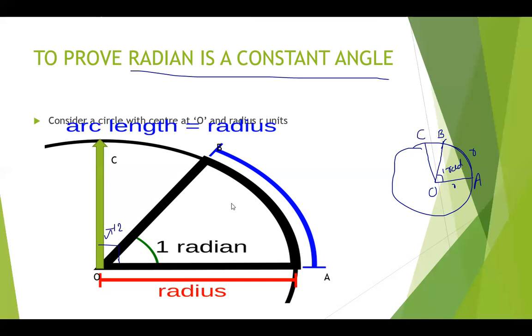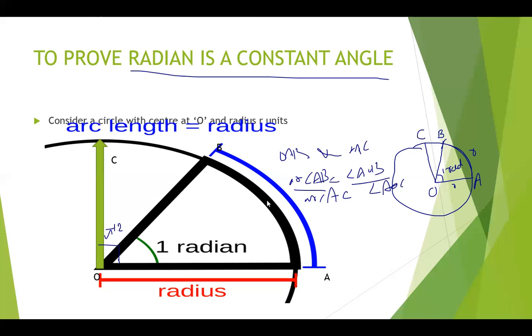Now, I can compare these two figures, OAB and OAC. Arc AB divided by arc AC is equal to angle AOB divided by angle AOC.